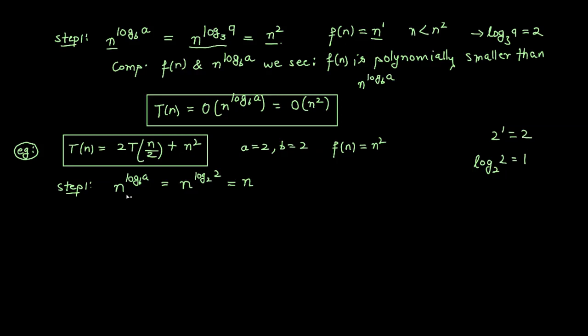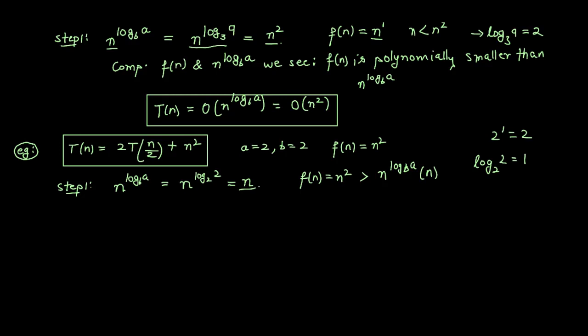So you can see that the value of n raised to log base b of a is n, and the function given to us is n². So now we know that the function is polynomially greater than n raised to the power log base b of a, which is basically n, as you can see here.